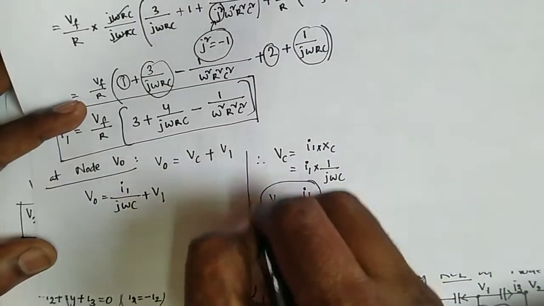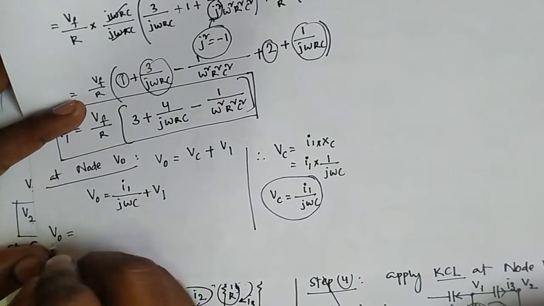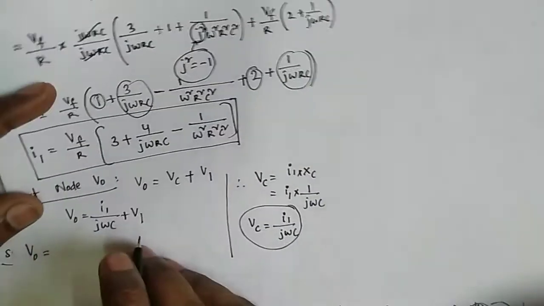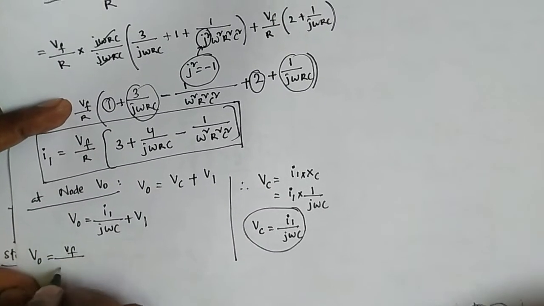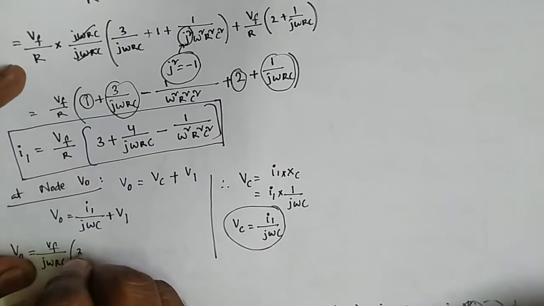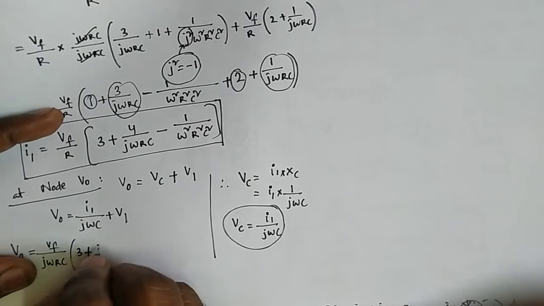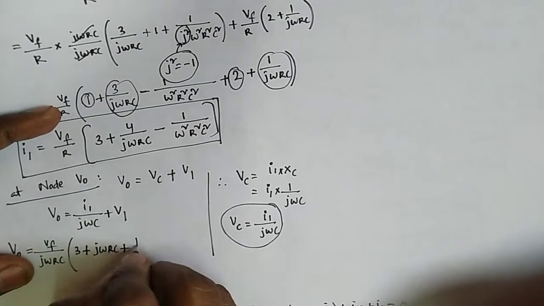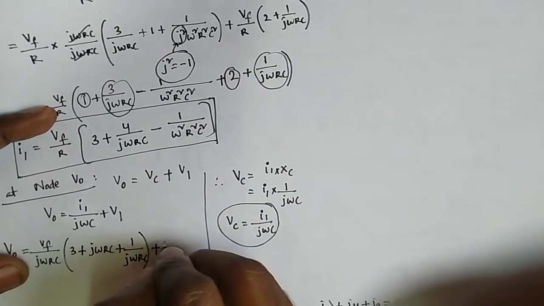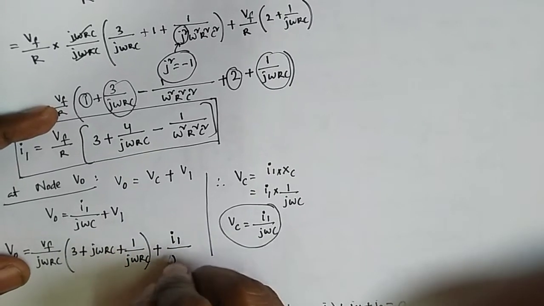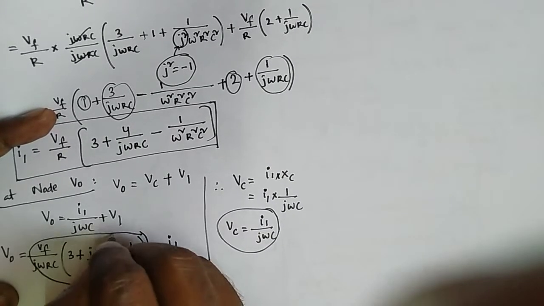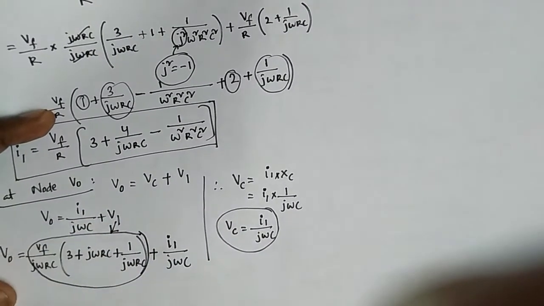The final expression for V0 is: the V1 function value is Vf by j omega Rc plus 3 plus j omega Rc plus 1 by j omega Rc. Then this is the actual I1 by j omega c. This total function is V1, and this is I1 by j omega c.